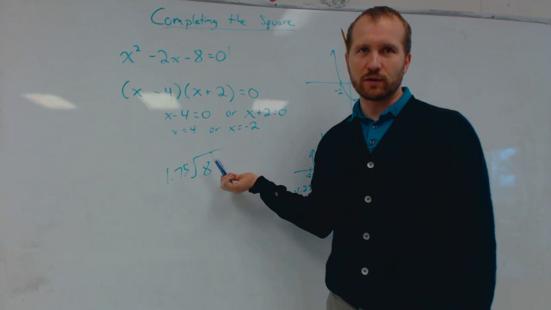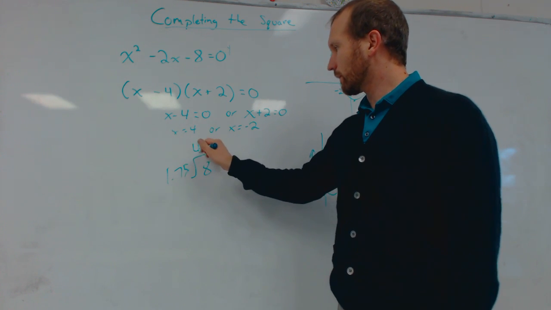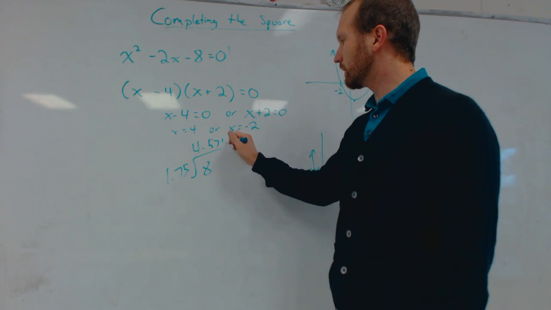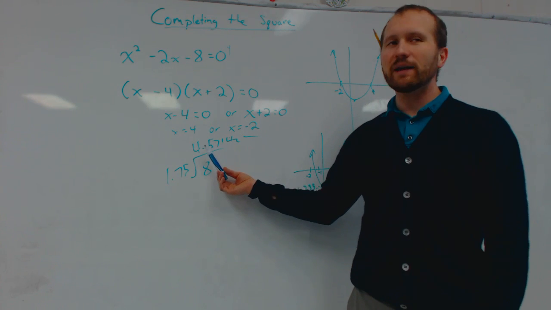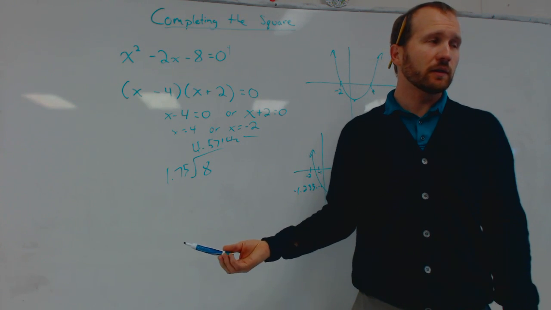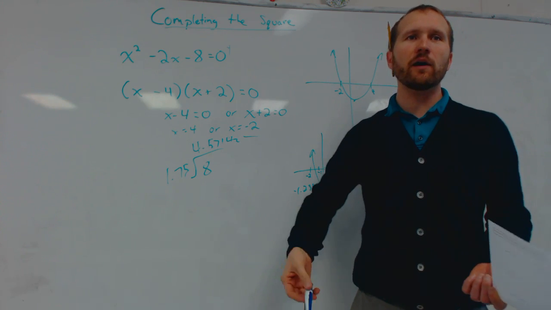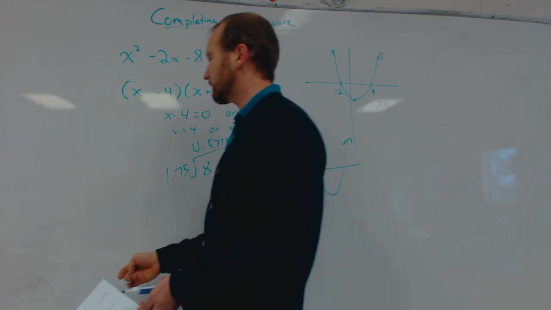I don't know what it would be. So you would have to memorize every single possible factor of 8, which is impossible. There's no way you could ever know all the factors of a number because you could have decimal factors.